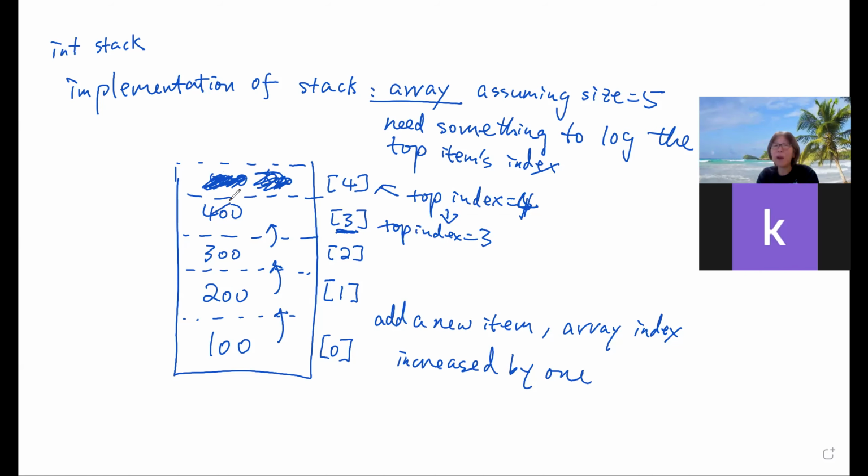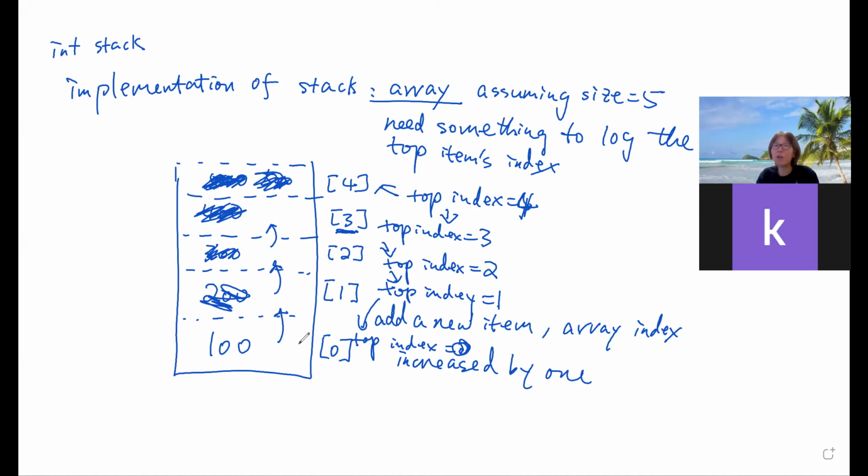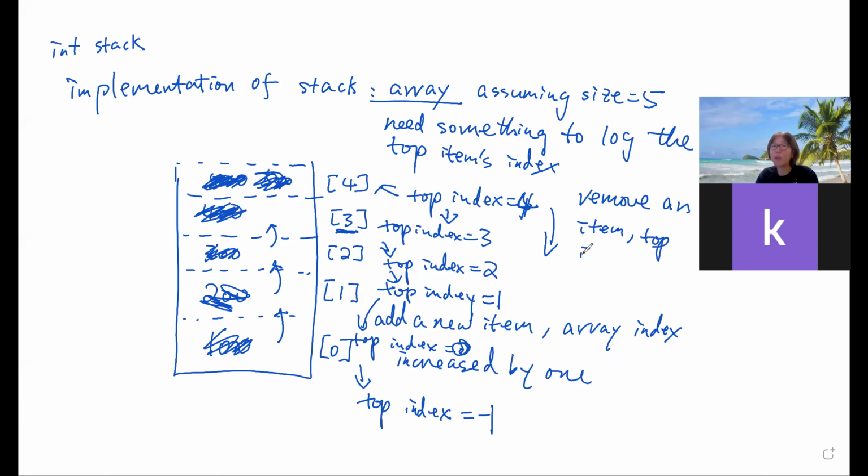After we remove 400, the top index changes to 2. After we remove 300, the top index changes to 1. After we remove 200, the top index changes to 0. And after we remove the last one, based on the pattern, the top index should be -1, because each time we remove an item, the top index is decreased by 1.